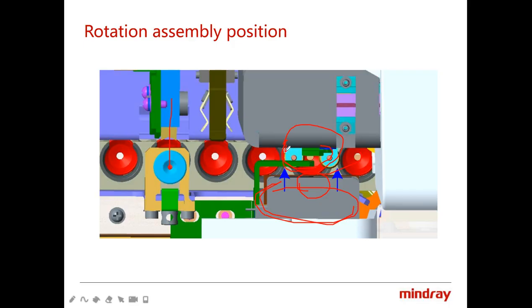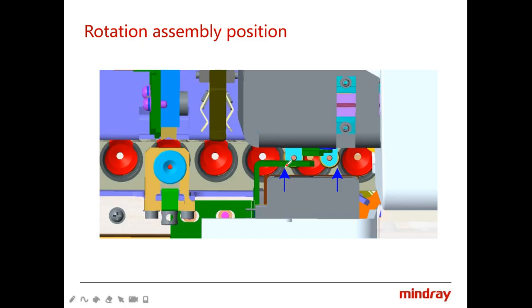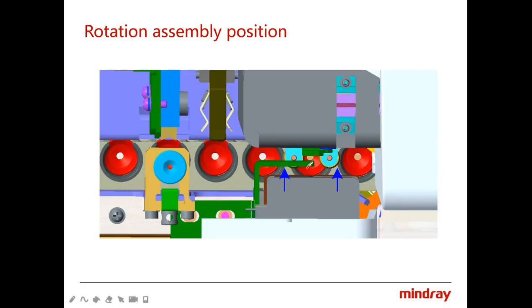And for the position of the two small wheels, we also need to guarantee their inward and outward position. How? We can adjust another two screws, four screws I think, at the left side of the assembly to move it a little in or a little out.